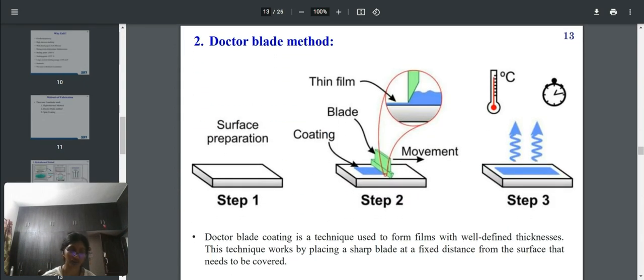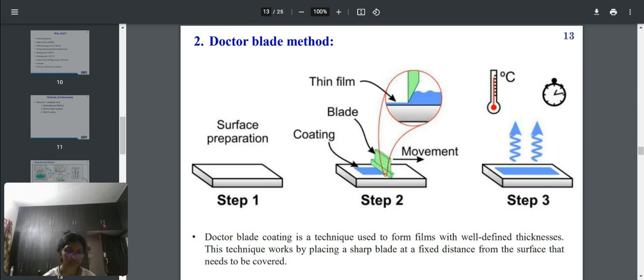Now we are going to see the Doctor Blade method. Doctor Blade method is a technique used to form films with well-defined thickness. So firstly, the FTO coated glass substrate is cleaned. FTO stands for fluorine tin oxide, and it is masked out, only leaving the area that must be coated by the nanoparticle.